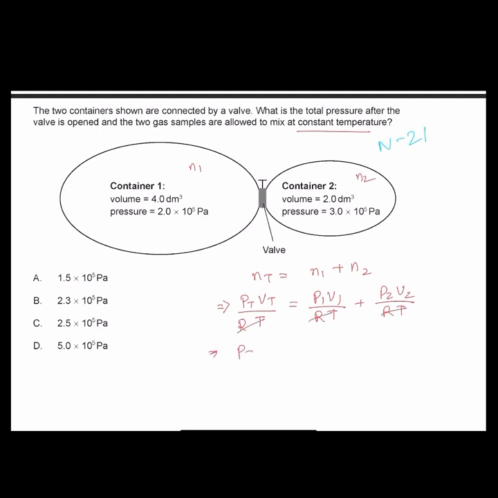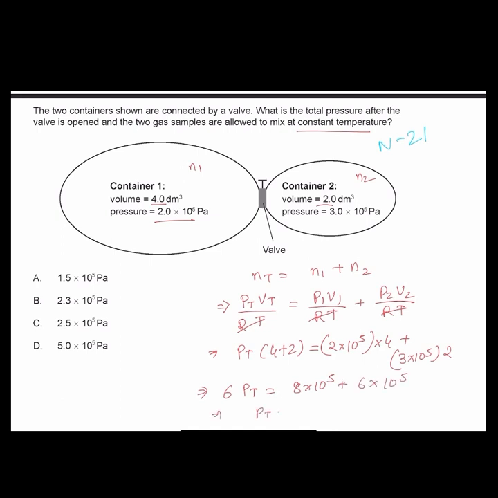P total V total, so V total would be the total volume, that is 4 plus 2, 6. P1 in this case is 2 times 10 to the power 5 times 4. P2 would be 3 times 10 to the power 5 times 2. If I simplify a bit, you'll get 6 P total equal to 8 times 10 to the power 5 plus 6 times 10 to the power 5.